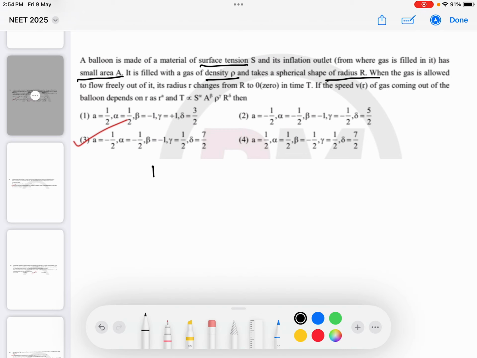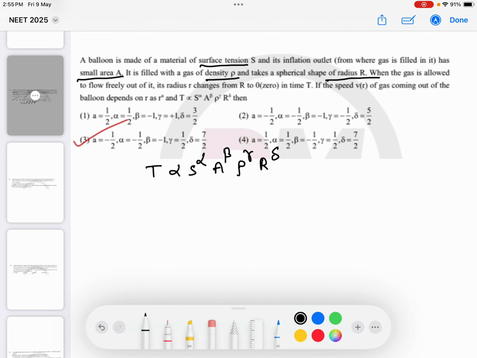Here T is directly proportional to S power alpha, A power beta, rho power gamma and R power delta. According to the units and dimensions topic, using dimensional analysis you can easily calculate the answer.